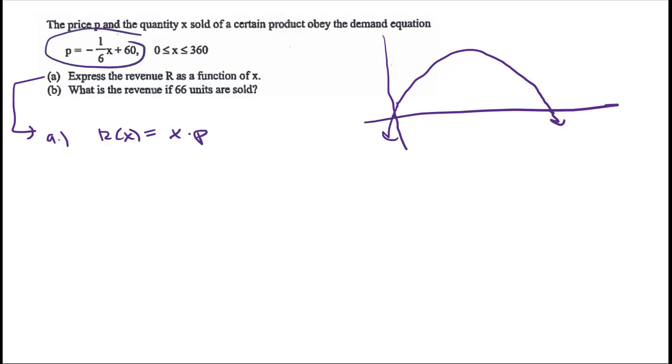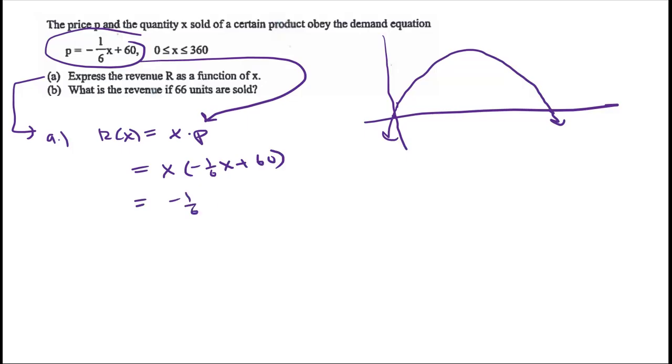P is the price, negative 16x plus 60. So we're going to plug that in. We're going to have x times negative 16x plus 60, which gives us negative 16x squared plus 60x.